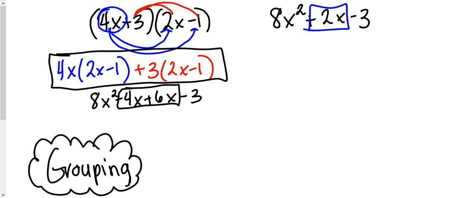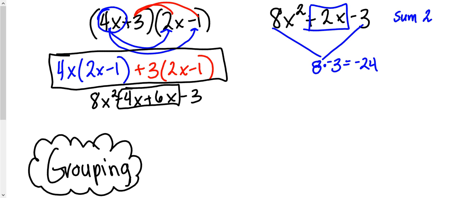We already know it's negative 4x and 6x, but if I didn't know, I know I'm looking for two numbers that add, or have a sum of 2. And then we've also learned that I'm looking for two numbers that multiply, 8 times negative 3, to equal negative 24.